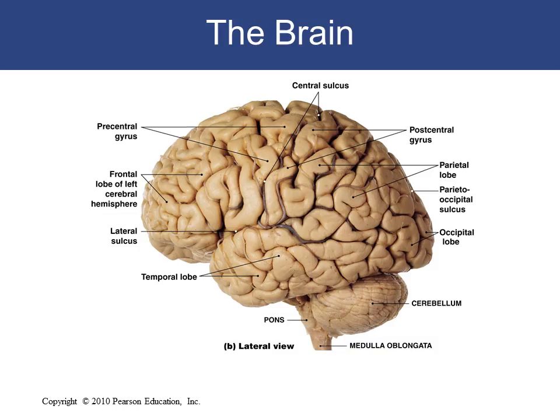This is a picture showing the lateral view of the brain, and the cerebrum, as we said earlier, it has four lobes. So the first lobe is the frontal lobe, and the anteriorly projecting part of this frontal lobe is called the frontal pole. Second lobe is the parietal lobe, and this frontal and parietal lobe are separated from each other by central sulcus.